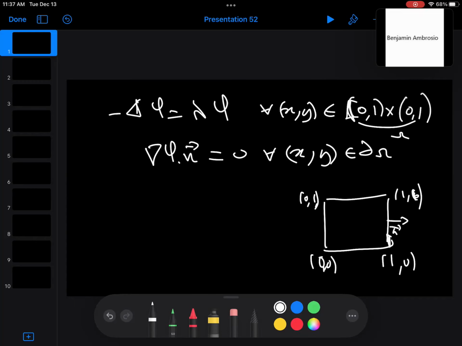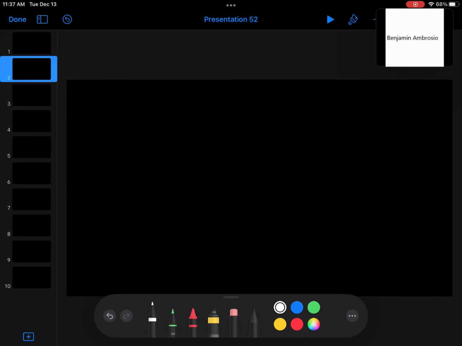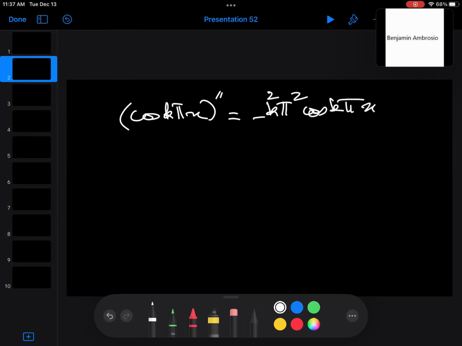All right, so if you remember, we have that cos k pi x satisfies k square pi square. So what are good candidates for our problem?